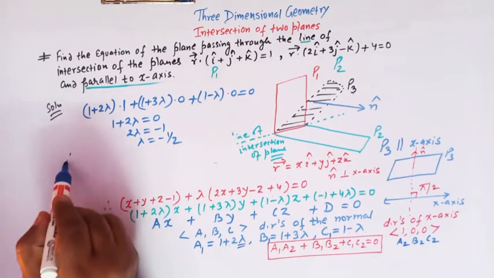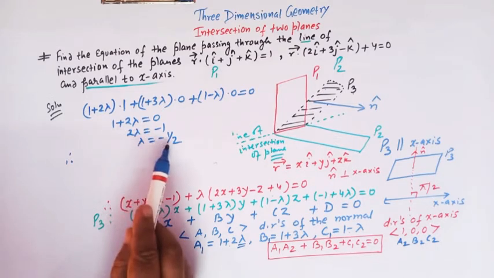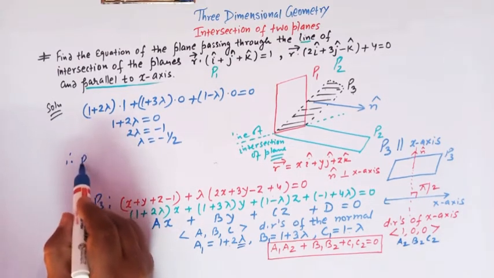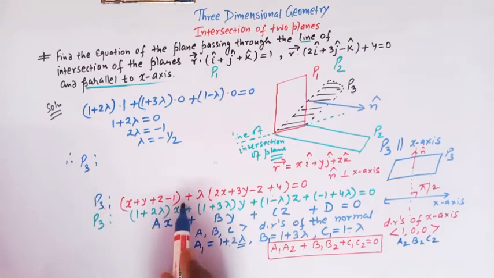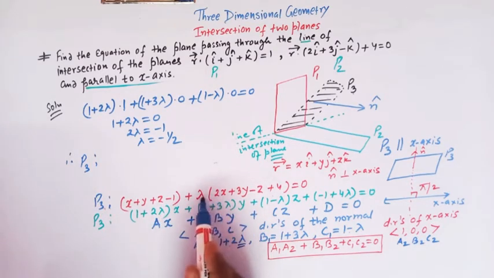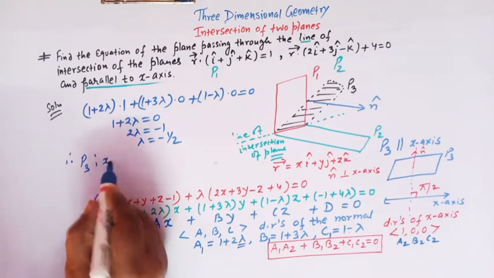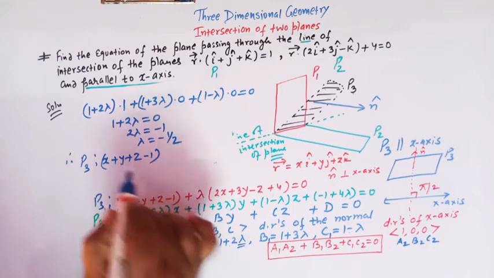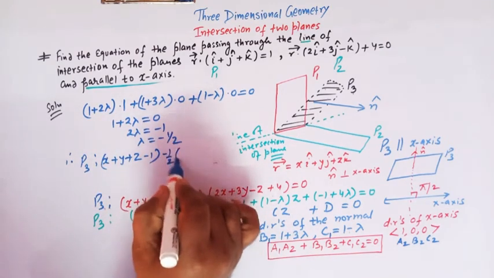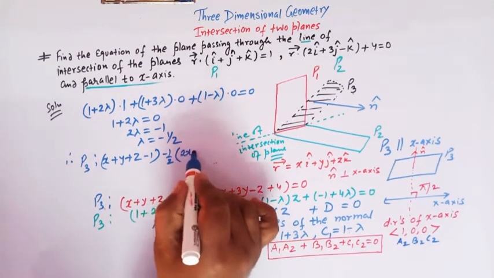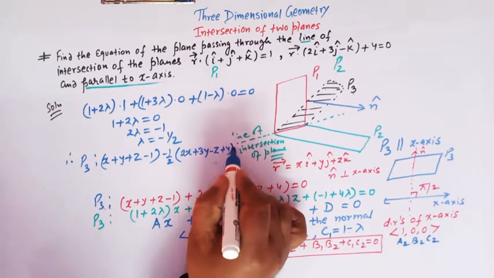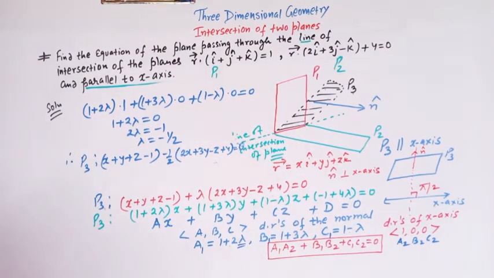So now we can substitute this value of lambda over here, which is the equation of the plane P3. So therefore the equation of plane P3 is given by this equation where lambda is minus half. So we have x plus y plus z minus 1, and here we have minus half, and we have 2x plus 3y minus z plus 4 is equal to 0, right?